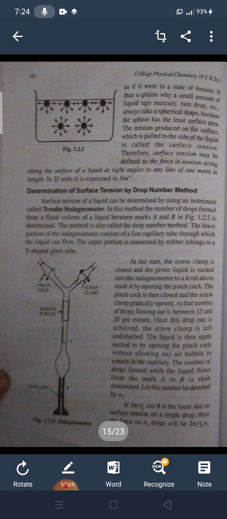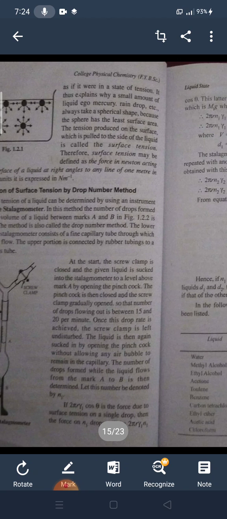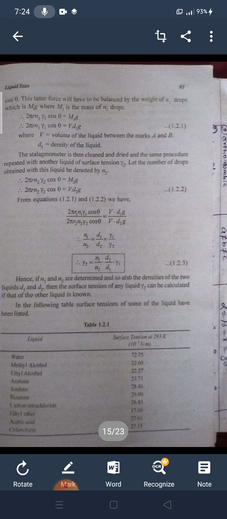If 2πrγ1 cos θ is the force due to the surface tension on a single drop, then the force for the N1 drops will be 2πrγ1 N1 cos θ. This force will have to be balanced by the weight of N1 drops, which is m1g, where m1 is the mass of the N1 drops.